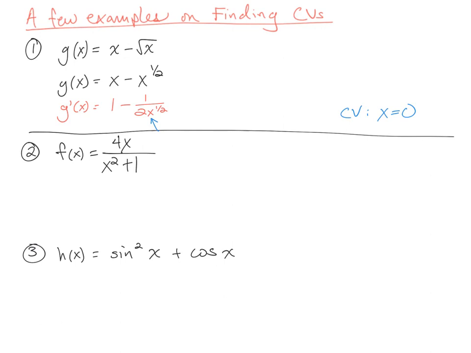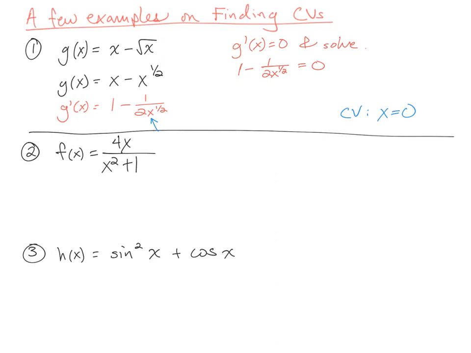Now, we actually have to solve this thing for x. So the second part of this is we will take the derivative and set it equal to 0 and solve. So that means 1 minus 1 over 2x to the 1/2 equals 0.